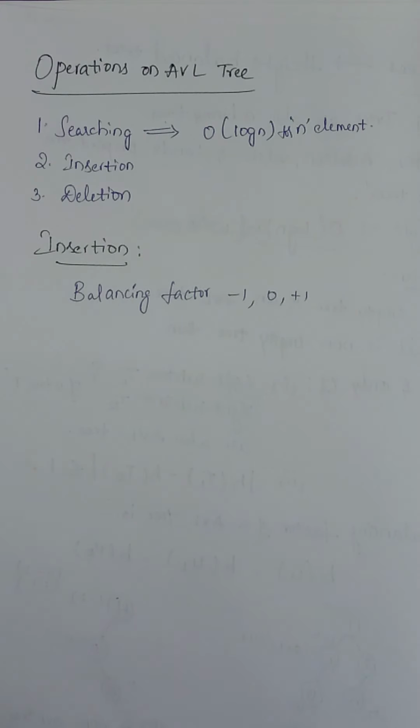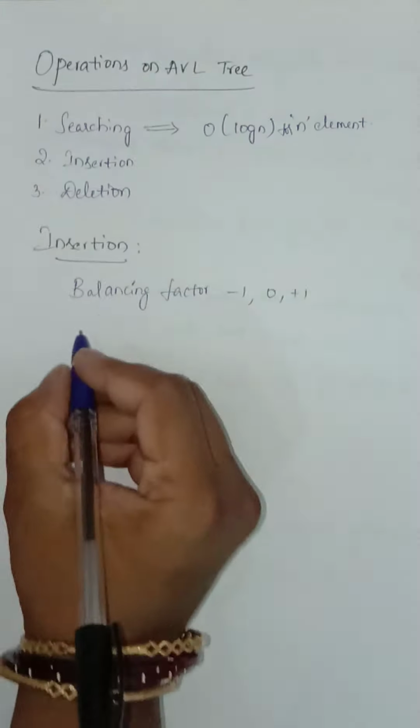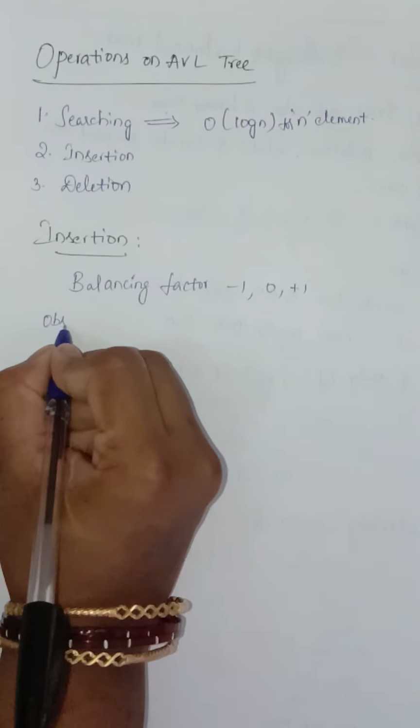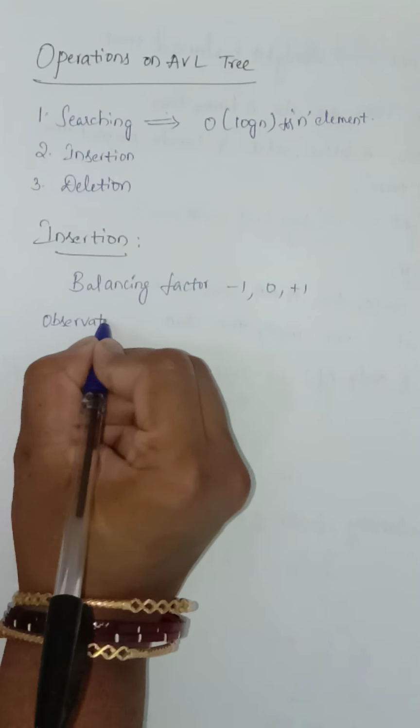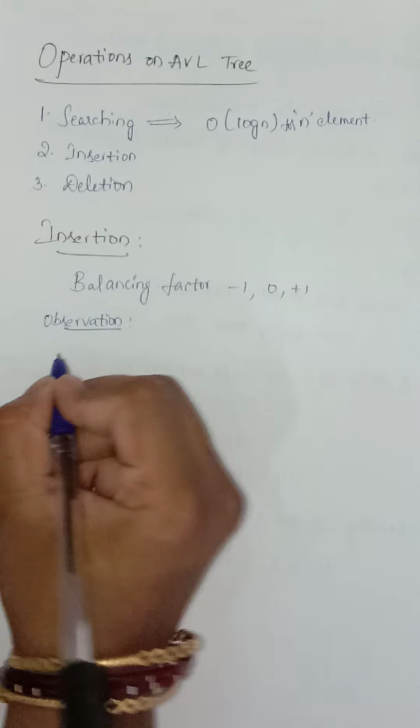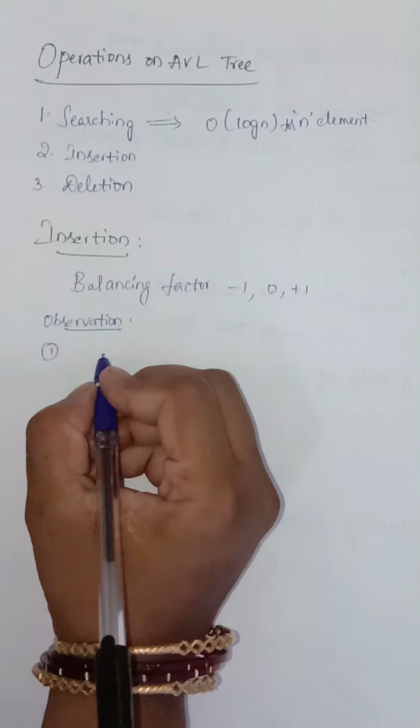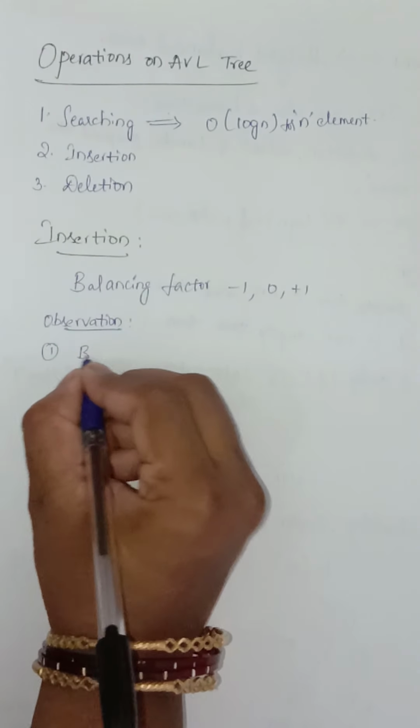So by considering this constraint, we are going to make some observations. First, check the balancing factor of an unbalanced tree.